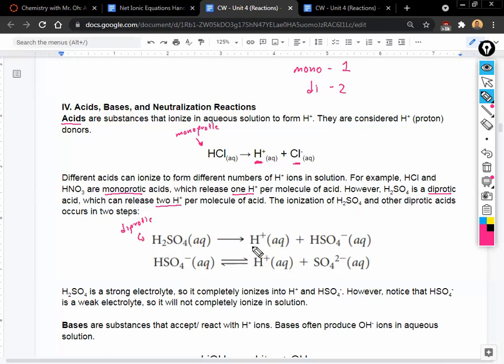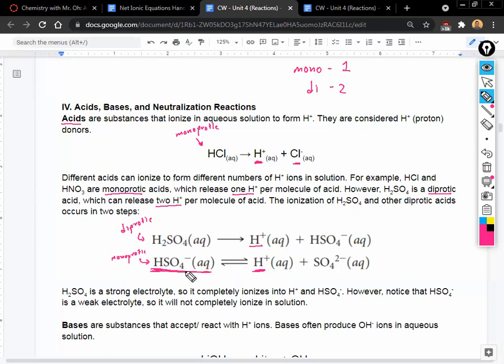Now, it does it in steps. So it can release one H plus, and then it'll form a monoprotic acid, HSO4 minus, which can also release an H plus. This doesn't happen very readily, especially the second step does not happen very well.